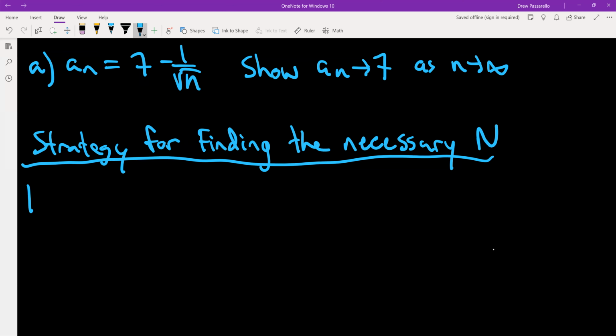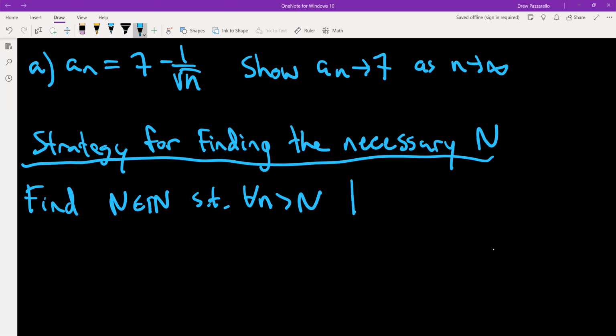Basically we need to find some capital N such that for all little n bigger than capital N, we have the absolute value of a_n minus, in this case, our a is 7, minus 7 is less than epsilon.